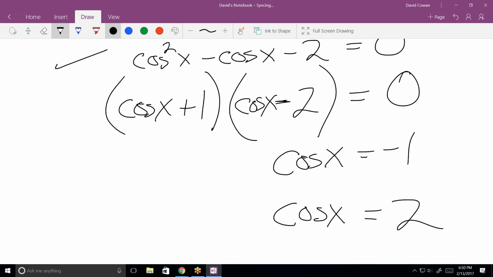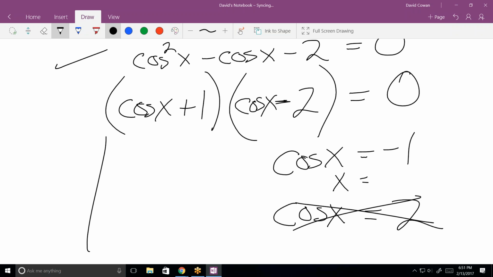Now, the second one's impossible, because cosine can't be a number greater than 1 or less than minus 1. So that's extraneous. You frequently end up with extraneous solutions. Our goal is to solve for x, not cosine x. But if cosine x equals minus 1, what's x equal?